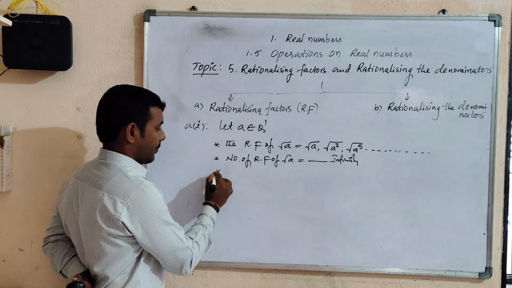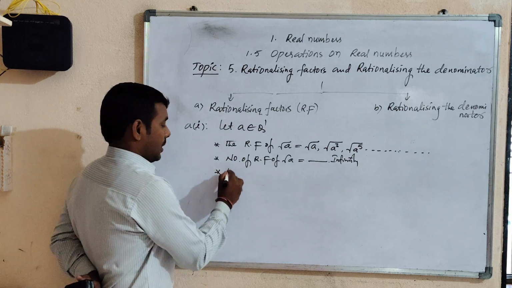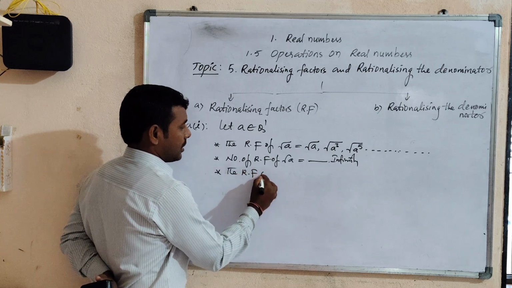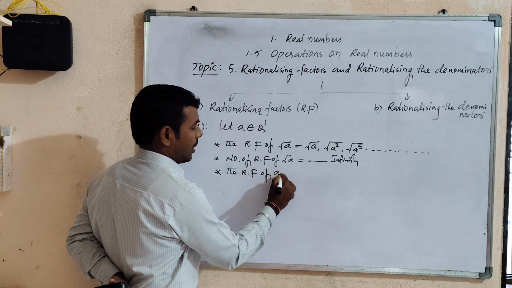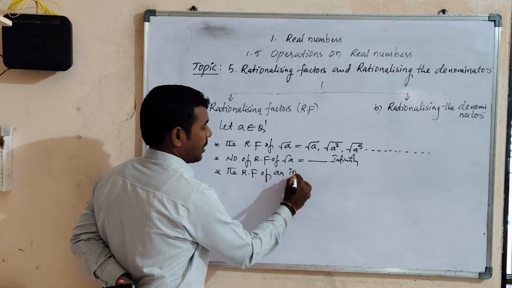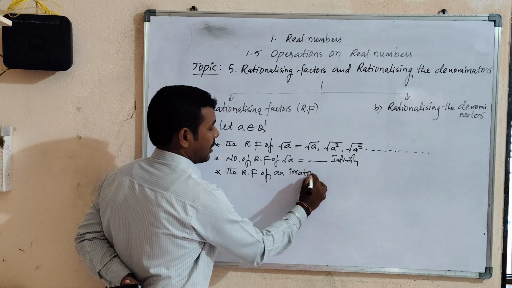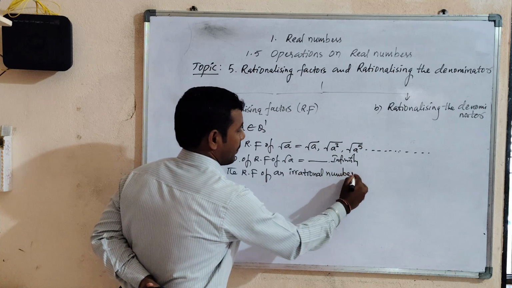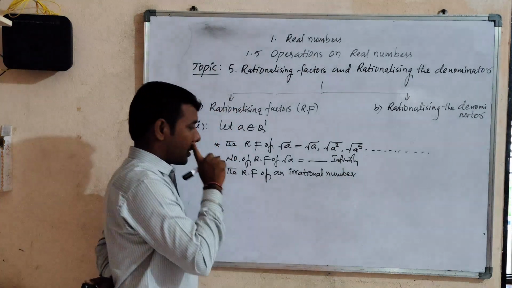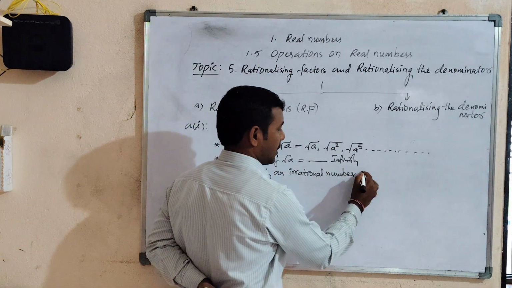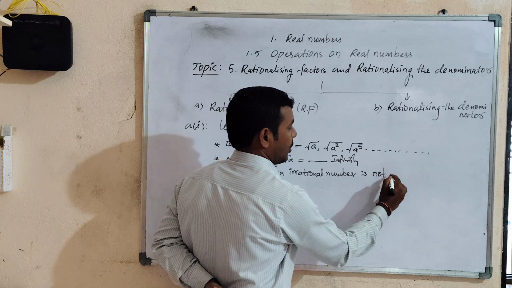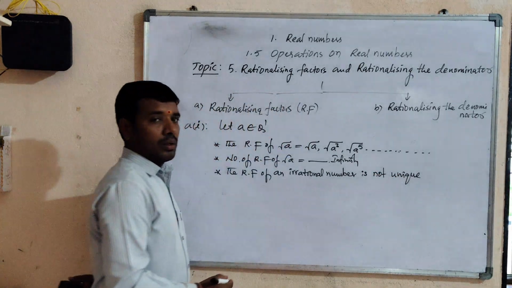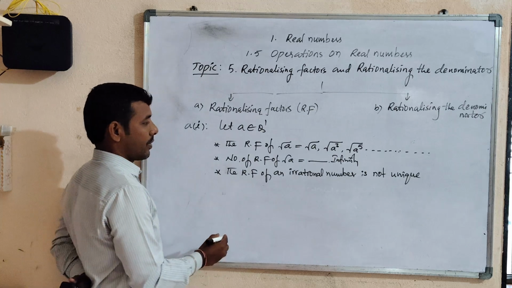One more. The rationalizing factor of an irrational number is not unique. I think understood.